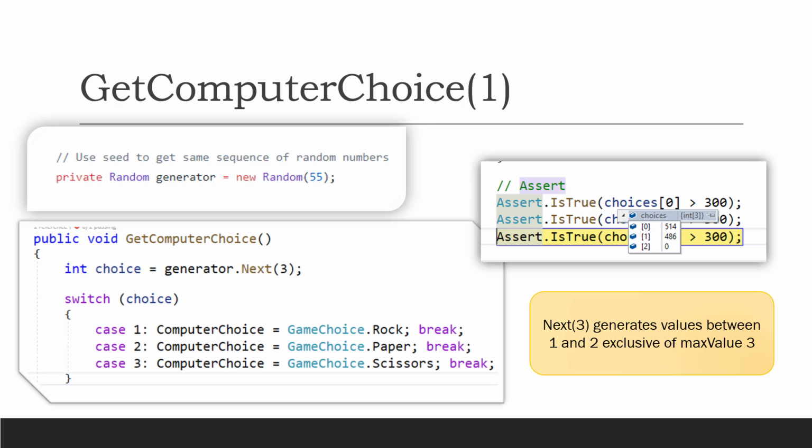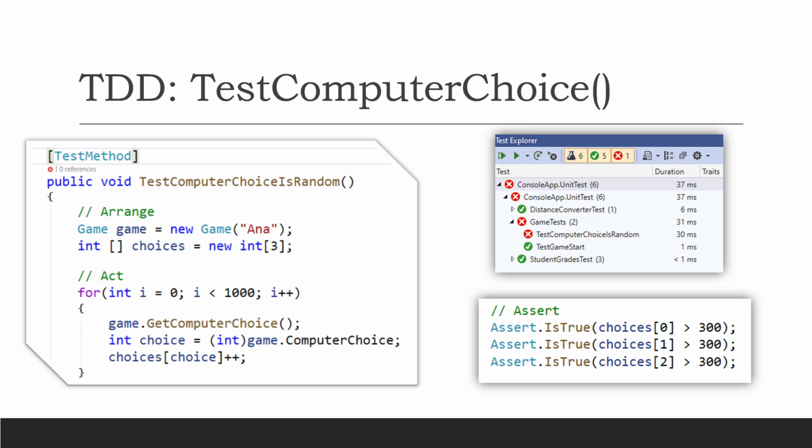So we're going to use a random number generator, and we're going to have a method called getComputerChoice, and we're going to assert whether or not in say 1,000 choices we get at least 300 choices for each of the 3. So here's how we're going to set the test up.